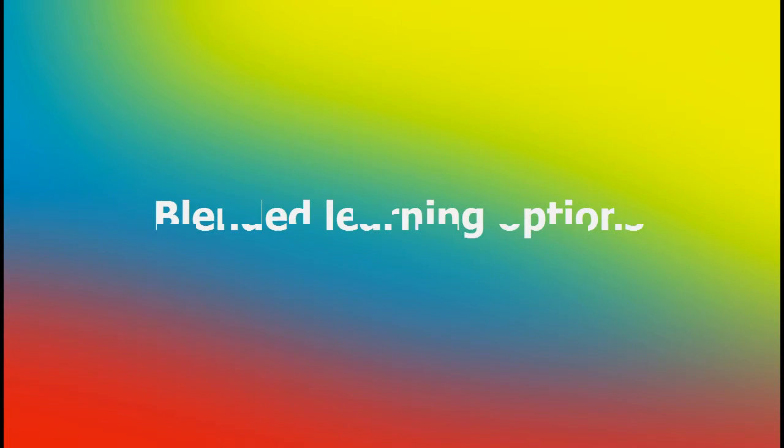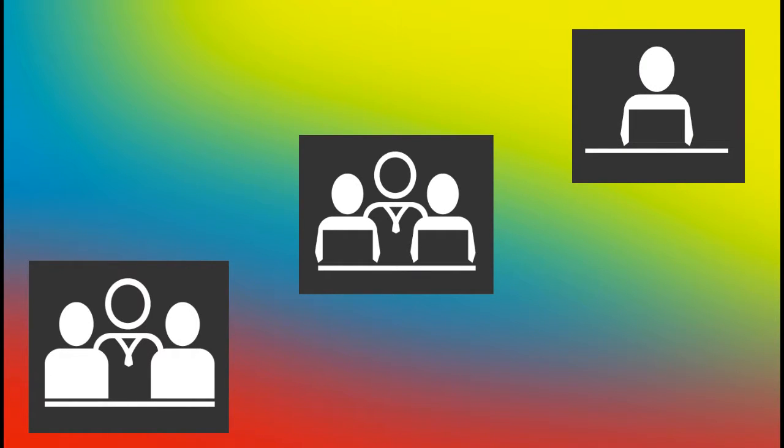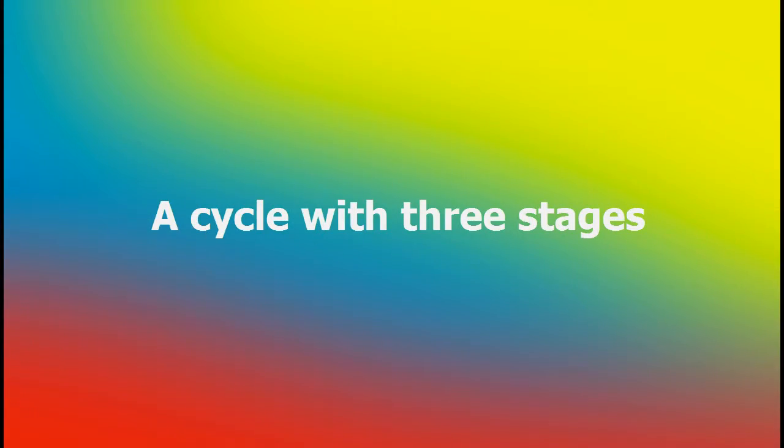But we just want to look briefly here at 1 or 2 blended learning options that involve learners working as a whole class, working in groups or in pairs, and working autonomously, self-access, at home or at the college. So to get to this idea of blended learning, we can think about how we plan a mini cycle of lessons. And that cycle can run over 3 stages.